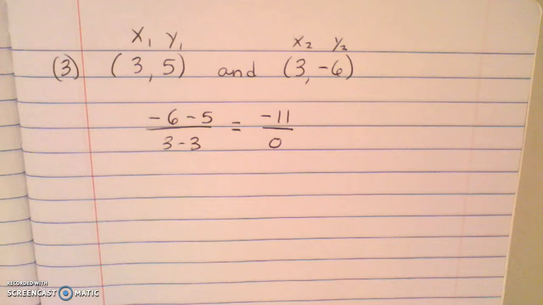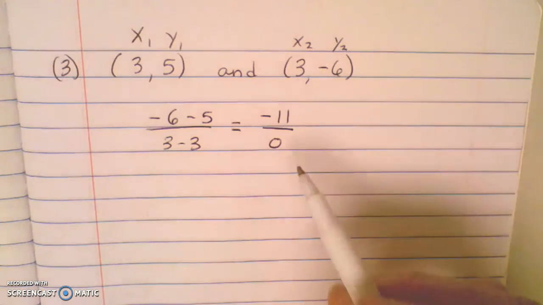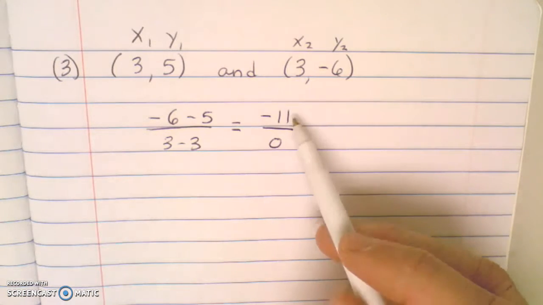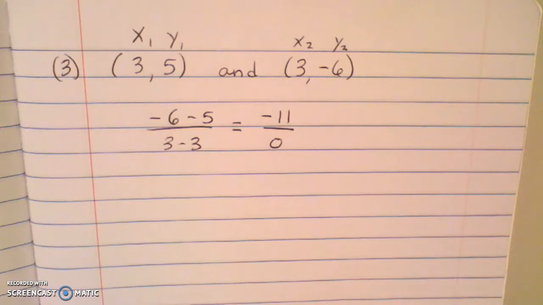All right, so in this problem, type this into your calculator and see what you get. Negative 11 divided by 0 is not 0. It's a very common mistake that people make when they're using these problems.